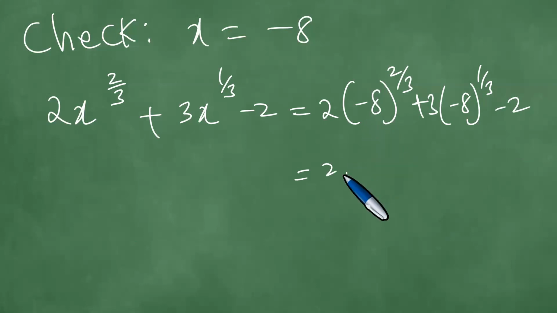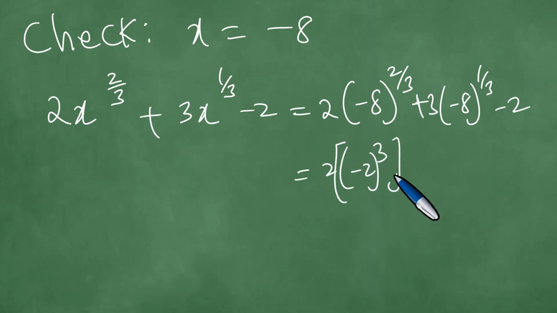At this point, the -8 can be written as -2 cubed.